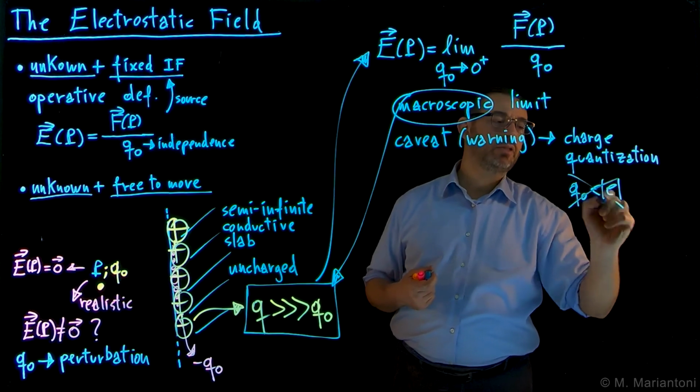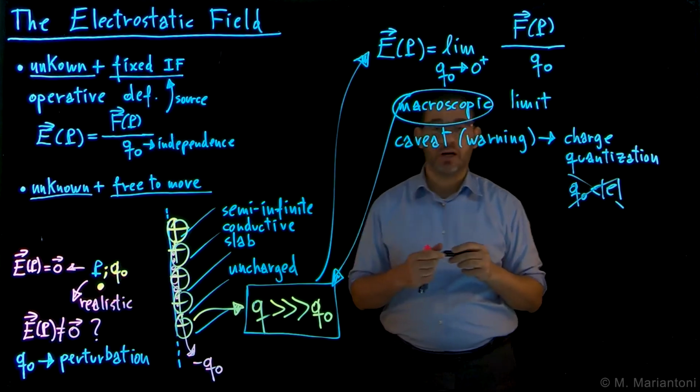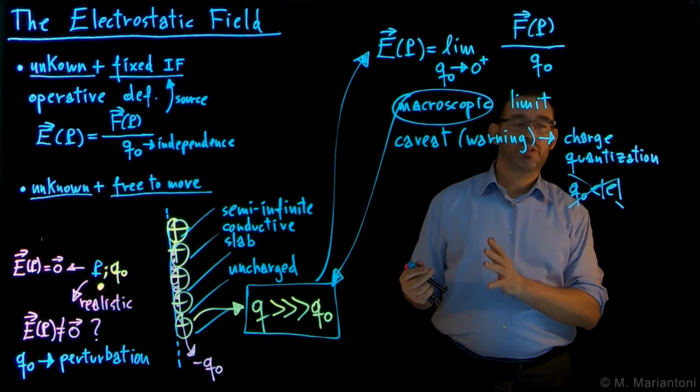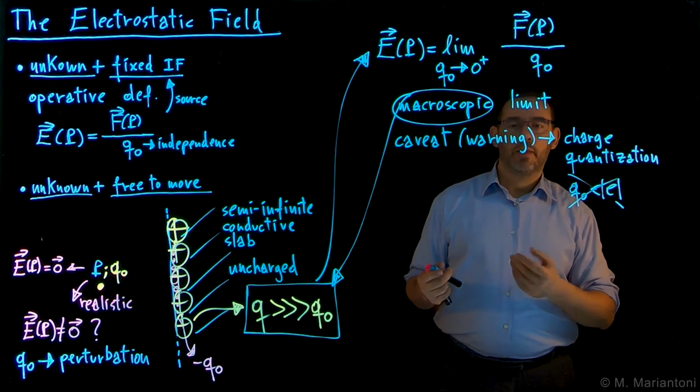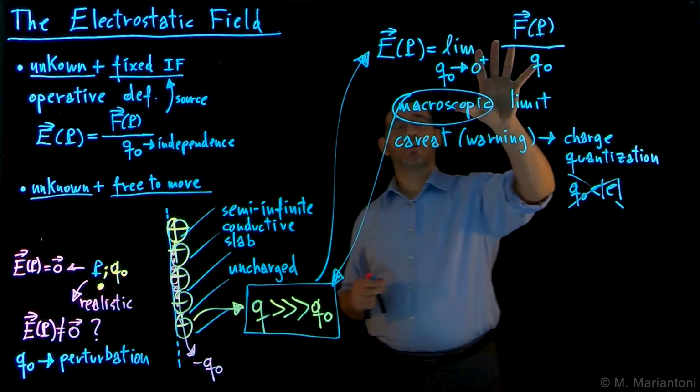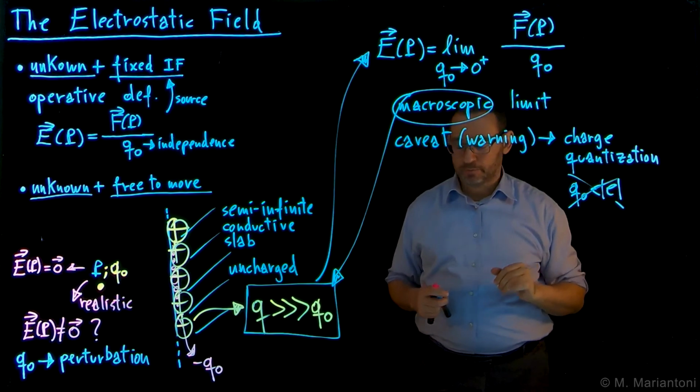We cannot have it because the charge is quantized and the smallest charge is the electron charge. But this is a very important operative definition of the electric field. So that's the way you should do it, with this macroscopic limit.